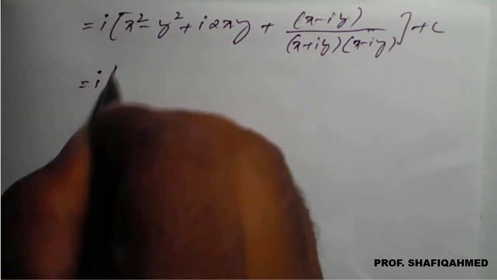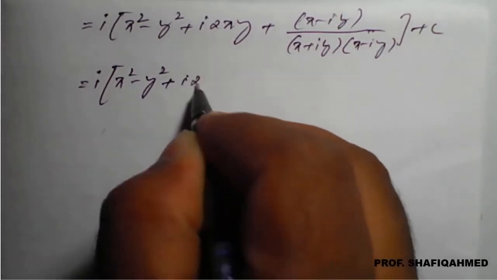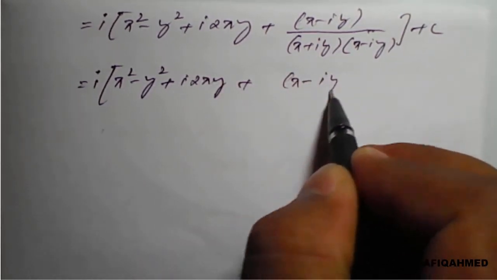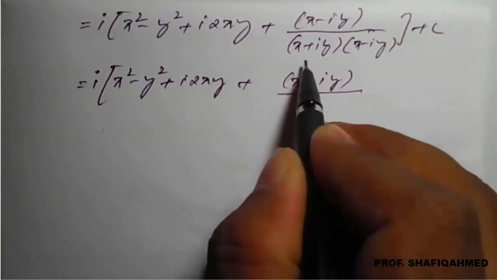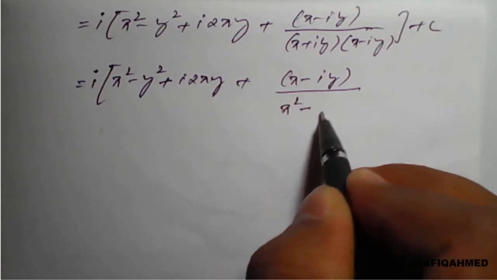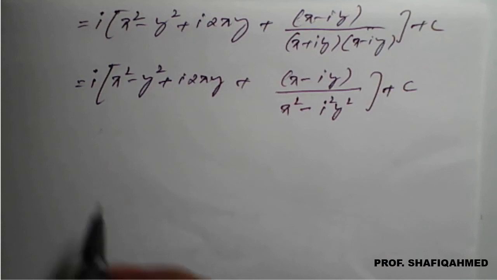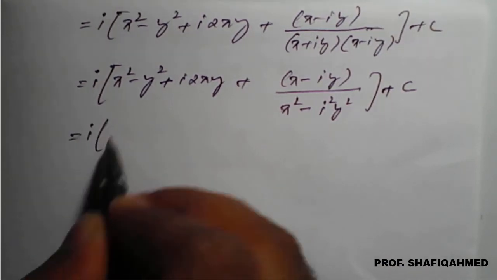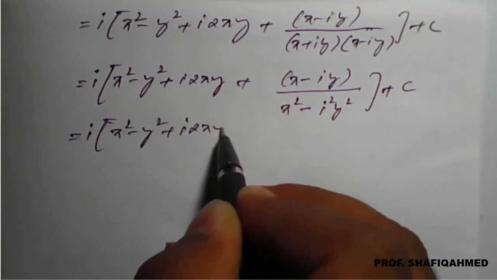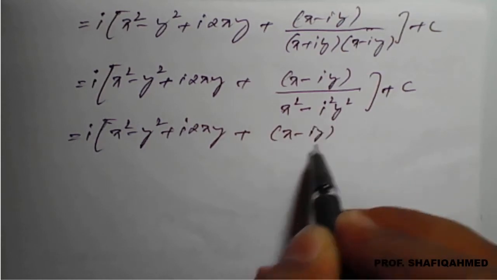So i times (x² − y²) plus i times 2xy plus this (x² − x − iy), divided by (a + b)(a − b), so it will become x² − i²y² plus c, which is nothing but i times (x² − y²) plus i times 2xy plus this (x − iy). The bracket I will keep as it is.